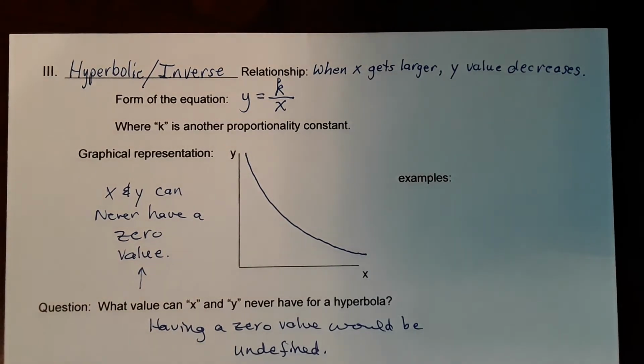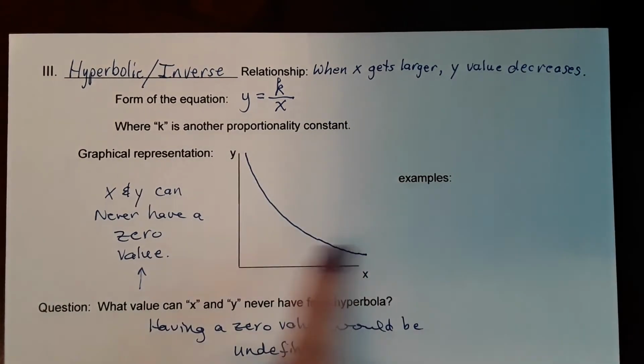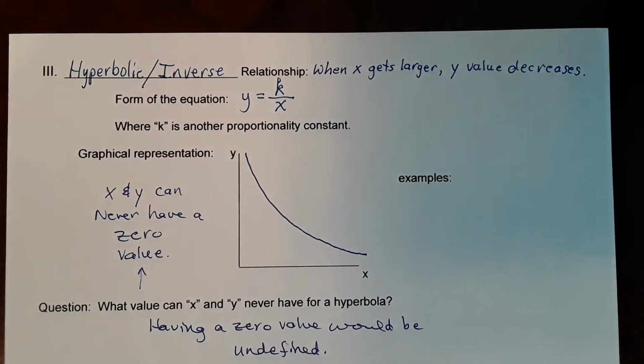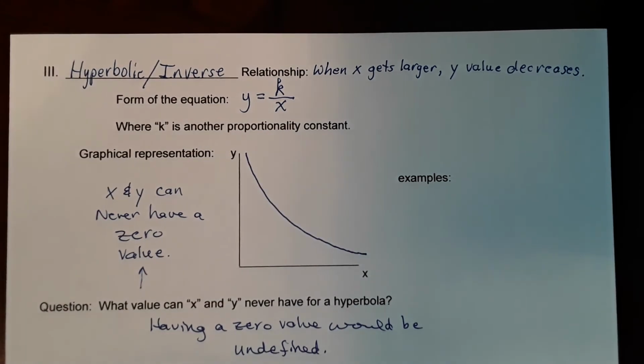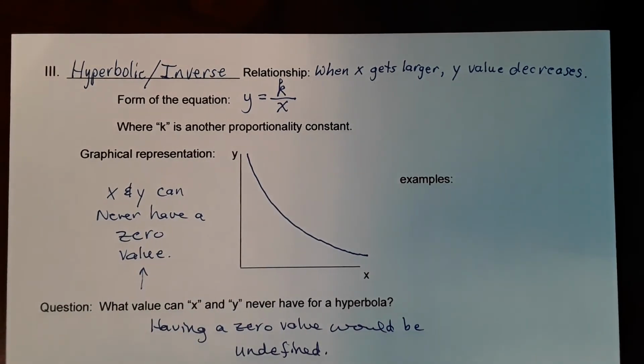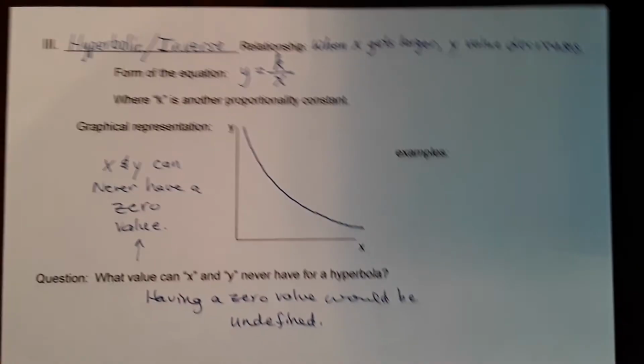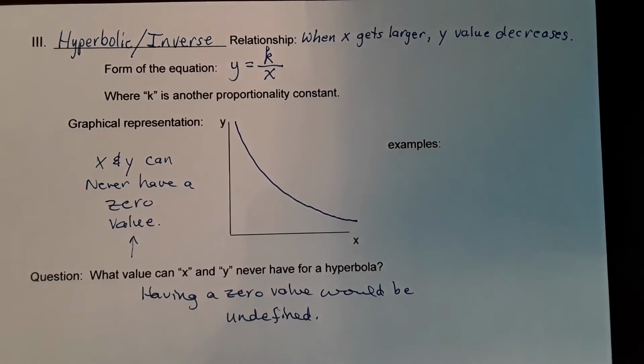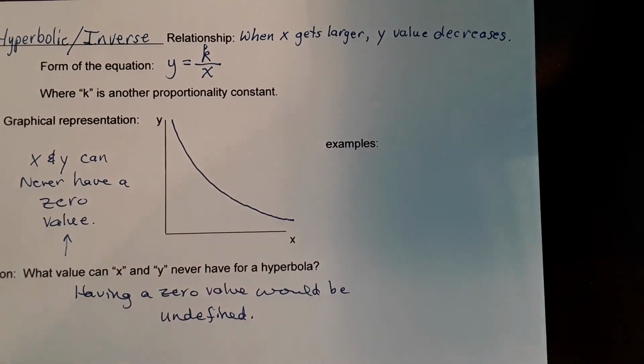In fact, if you remember, the names for these arms as they go further and further out, getting closer and closer to the axes but never touching, those are called the asymptotes. If you remember that unusually weird term, asymptotes.